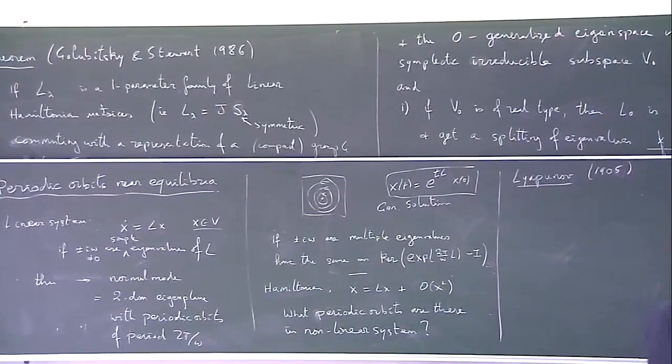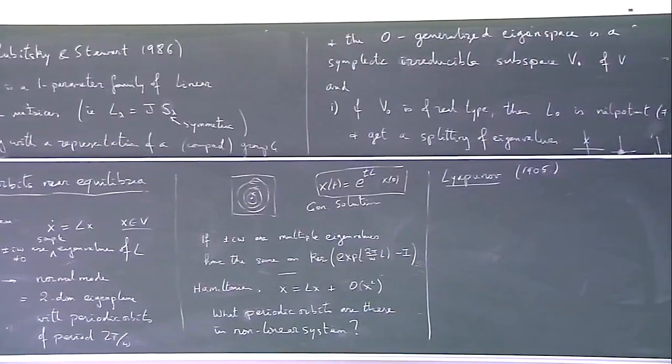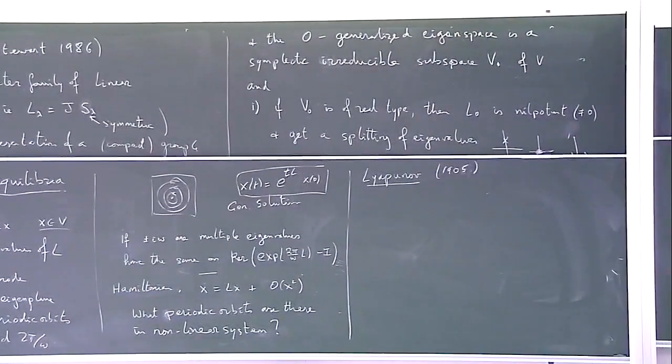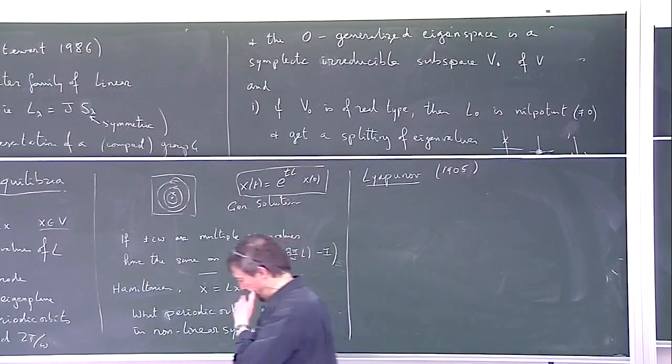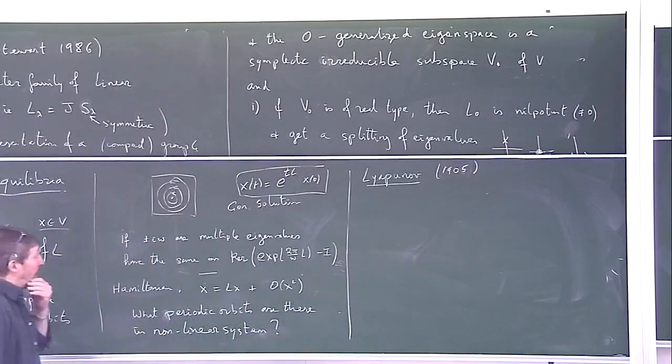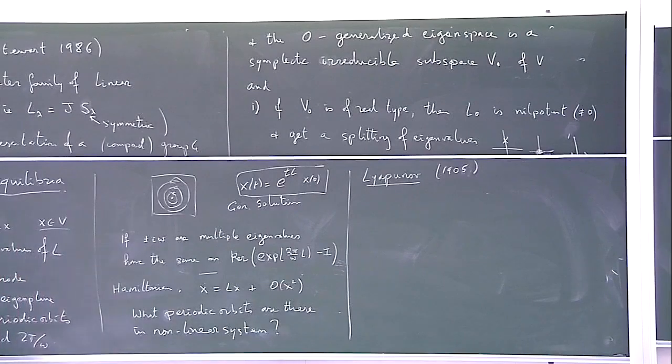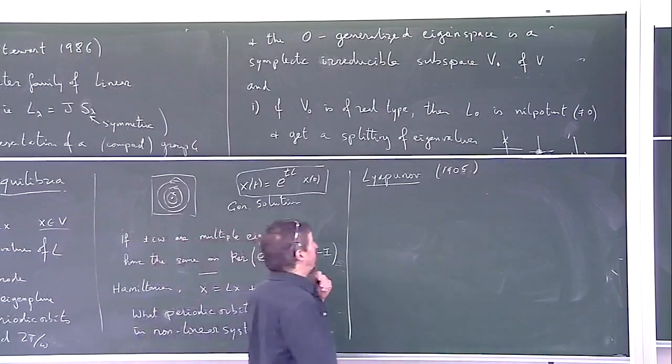The theorem of Lyapunov, so about 1905. Maybe 1905 was the translation and the Russian was in 1895. Anyway, around that time. He proved the following.